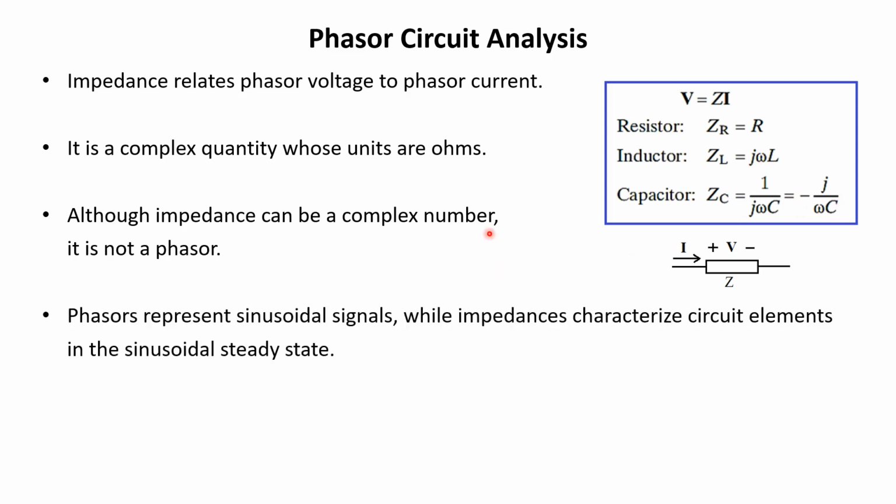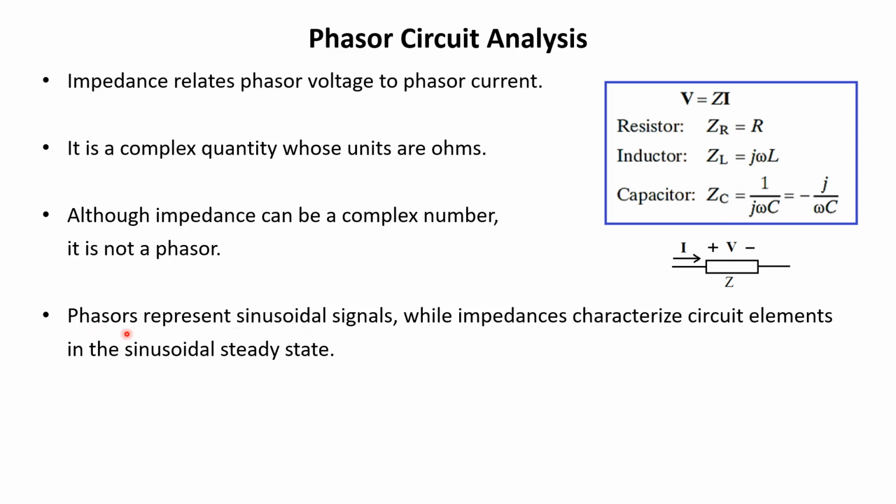Now, we may have a combination of resistance and inductance and capacitance in a circuit, and the net or equivalent effect of all the circuit elements will be the net impedance or equivalent impedance.